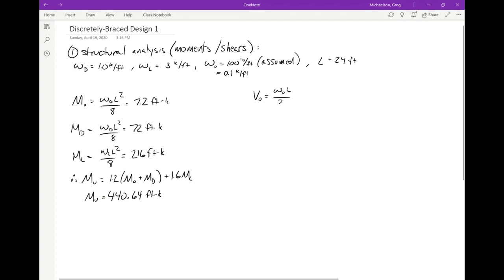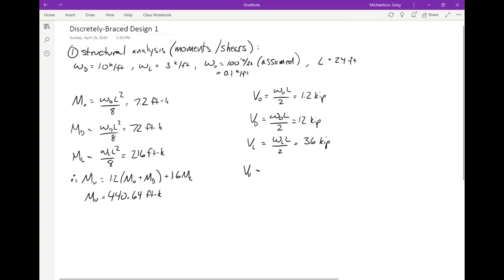V naught is WL over 2, no L squared, just L, and it's divided by 2, so that's 1.2 kips. VD, WD L over 2, 12 kips. VL, WL over 2, 36 kips.